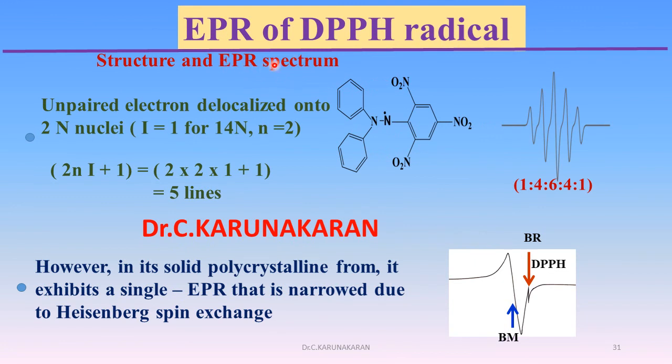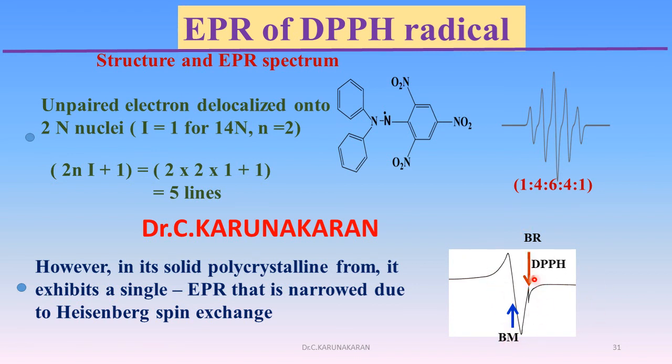Here we will study the EPR of the DPPH radical. It is an EPR reference compound, similar to TMS. Tetramethylsilane is the NMR reference compound. Diphenylpicrylhydrazyl radical is a reference for EPR. It is a field marker. For example, this is the EPR spectrum of an exchange coupled copper complex.